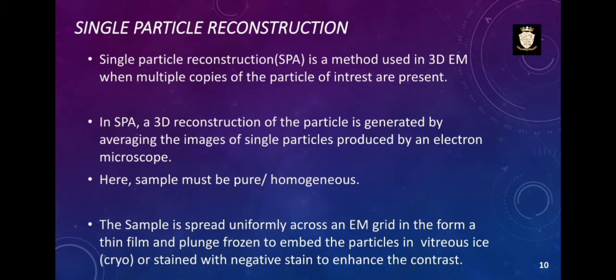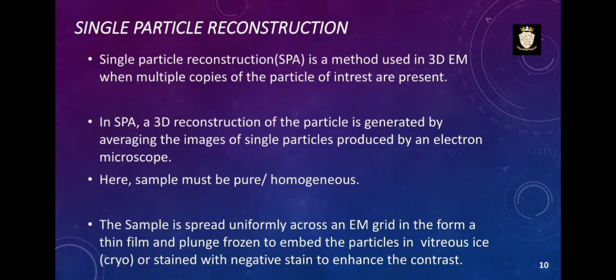And then we discuss single particle reconstruction. Here we take averages of copies of images from the electron microscope of a specimen, and these averaged images create the 3D image of the specimen.